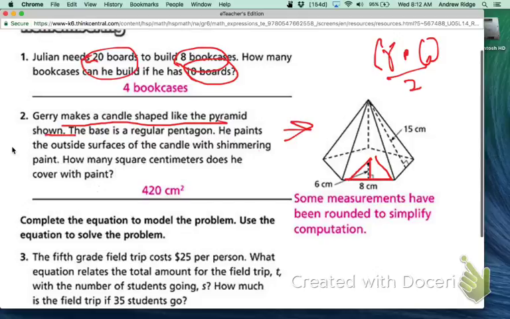And then we add to that, it's 8 centimeters across the bottom, 15 tall, so that's 8 times 15 divided by 2. Believe it or not, yes, that is a 15. And then we have to multiply that by the number of sides, which is a pentagon. So you multiply that by 5 and add them together, it's 420 centimeters.